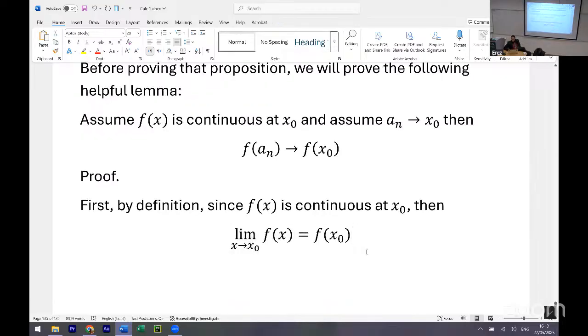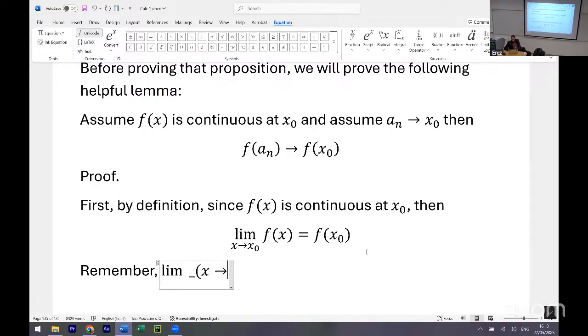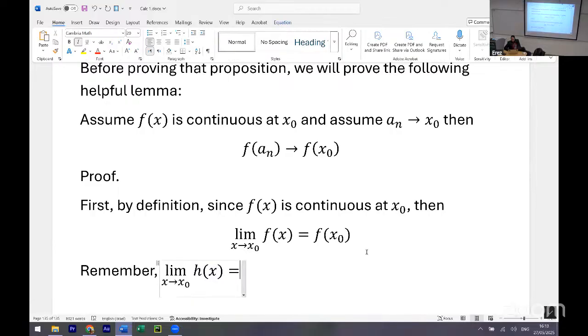Remember, the limit as x goes to x0 of some function, let's switch the name of the function altogether to h, is L if, continue that sentence. When is the limit of a function L?